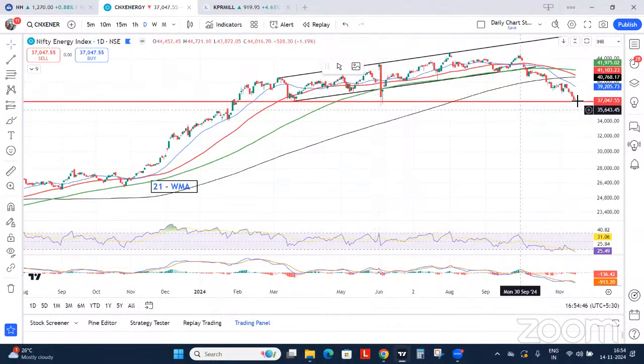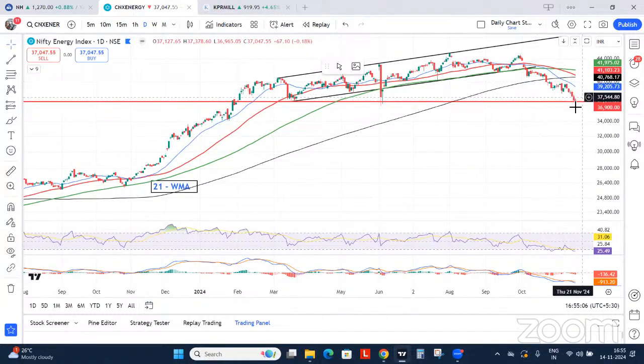The index is likely to face some support here. If even this support doesn't hold, it may fall further towards 32,000, which is a Fibonacci level, in the coming days.